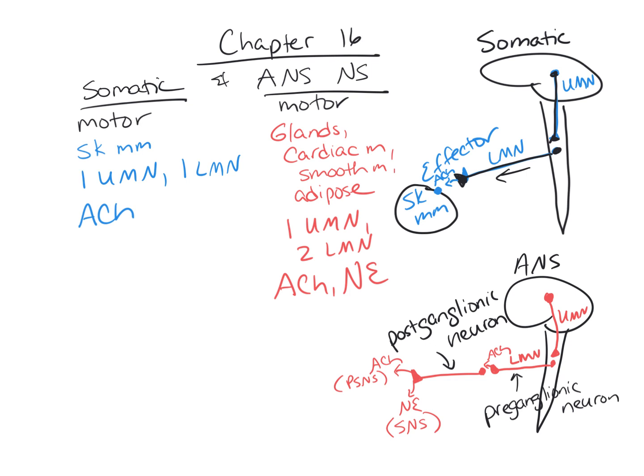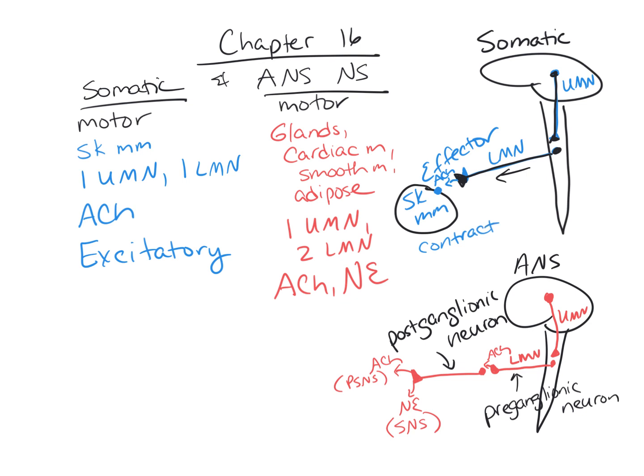Another difference between the two is that in the somatic nervous system, when ACH binds to the skeletal muscle, it's always excitatory, meaning if it binds, that skeletal muscle will contract.